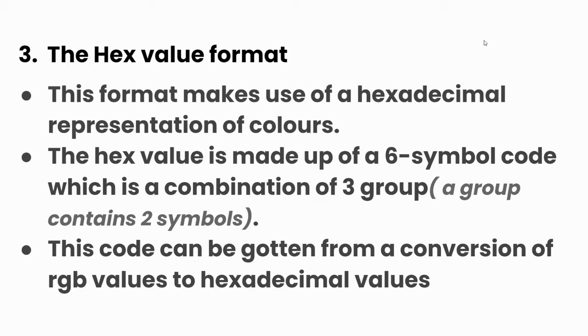So as we saw previously, the RGB format has integer values assigned to each color, which is the red, green, and blue, and they range from 0 to 255. So in order to get the hex value format from the RGB format, we would take each integer from the RGB format and convert it to hexadecimal format.